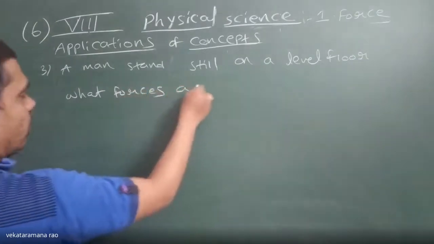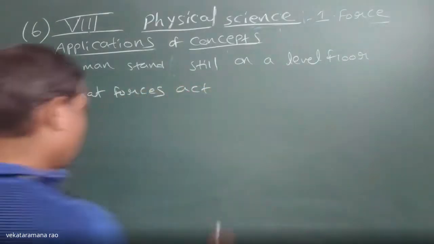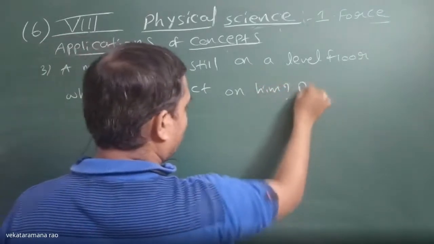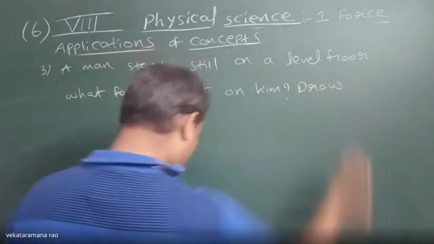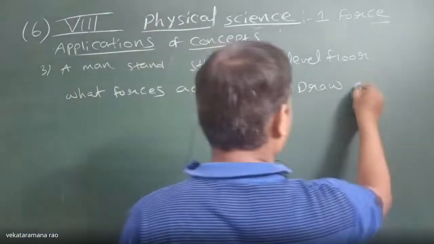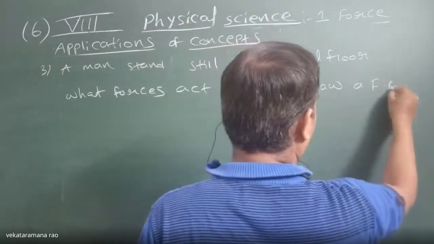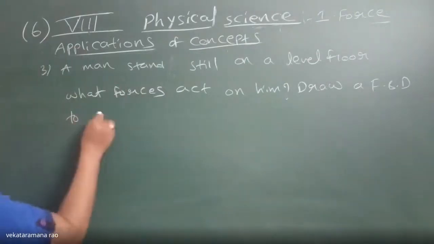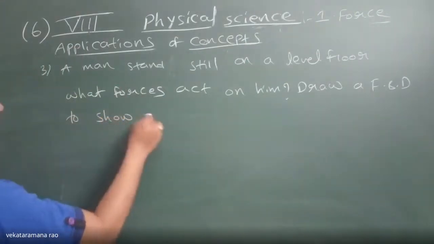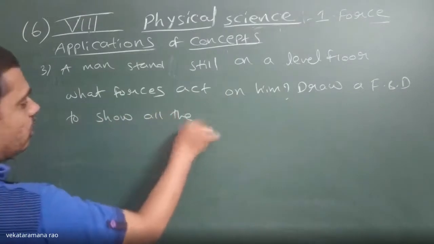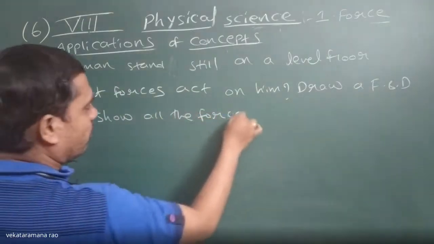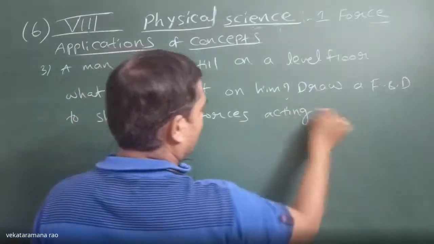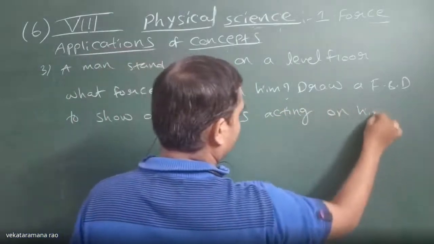What forces act on him? That we have to find. First, you have to tell, and you have to draw a free body diagram to show all the forces acting on him.